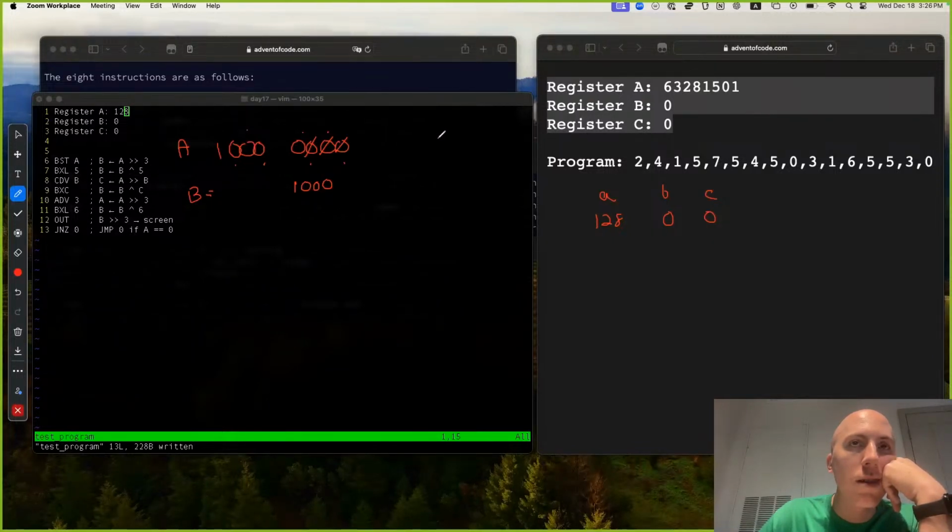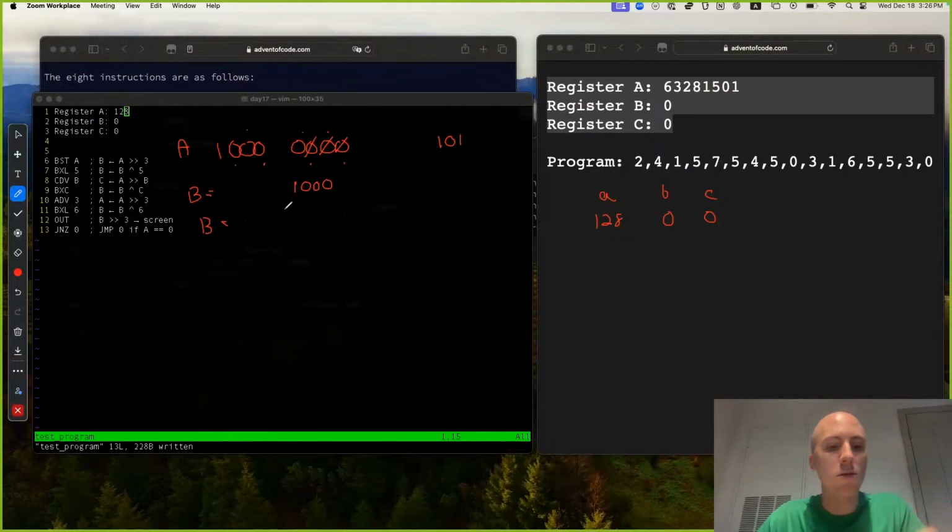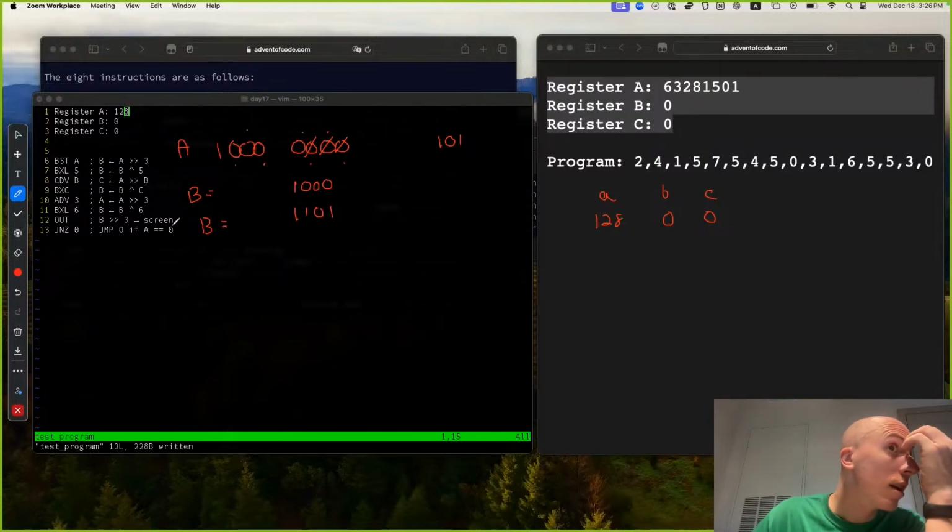So 5 is 4 plus 1. So XOR. So there's 3 things. So then we say that B is equal to 1, 1, 0, 1 like this. And then we'll shift A over by B.